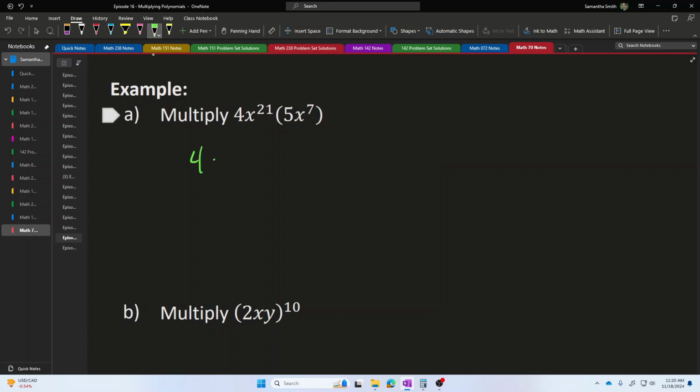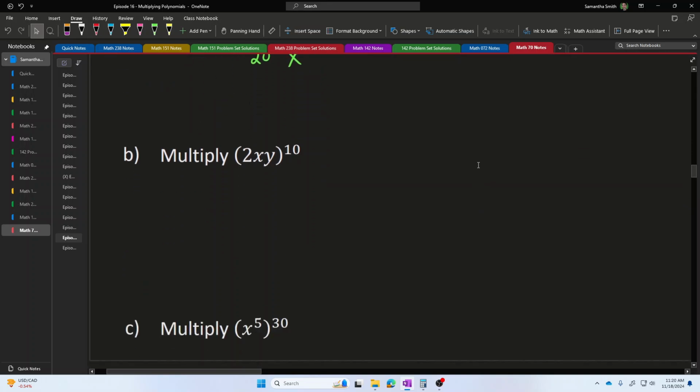Instead, I will use the fact that if I have a pile of 21 multiplied x's and another pile of 7 multiplied x's, and I put those two piles together, then in total, the number of multiplied x's that I will have is 21 plus 7. In total, I will have 28 multiplied x's, and then the coefficient 4 times 5 would be 20.